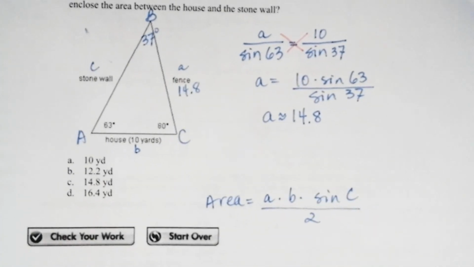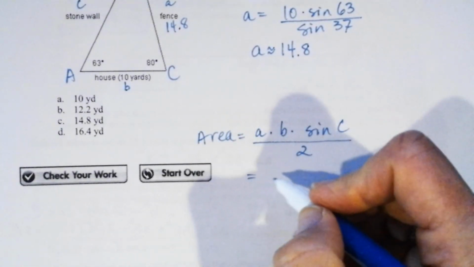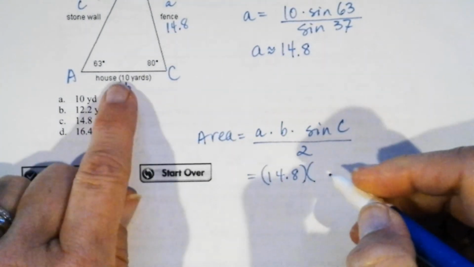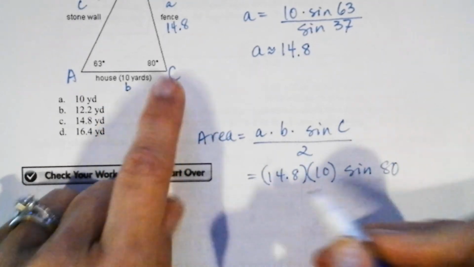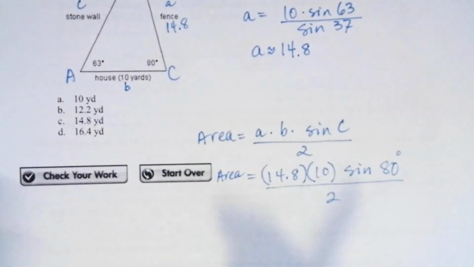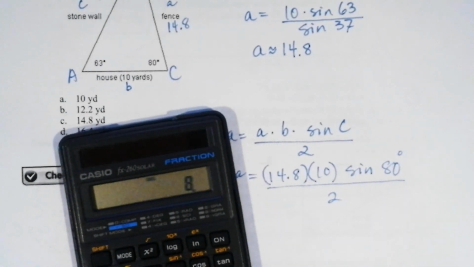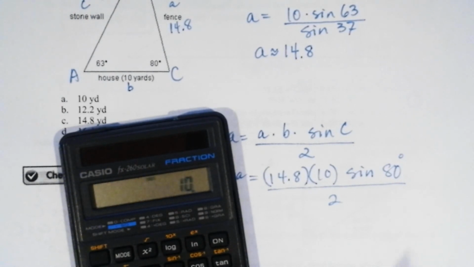That's one that would work. So the area is equal to 14.8 times B is 10. Sine of C is 80. I'm going to divide that by 2. This is all calculator work. I'm going to do 80 sine times 10 times 14.8 equals divided by 2.